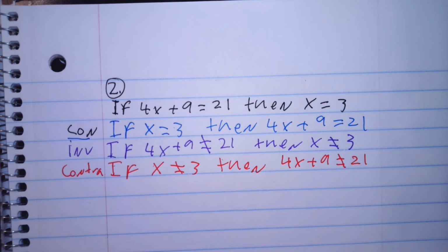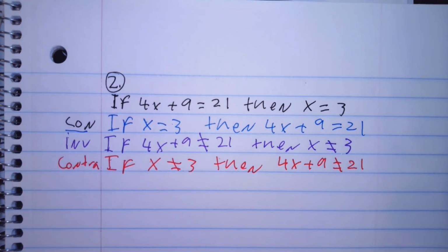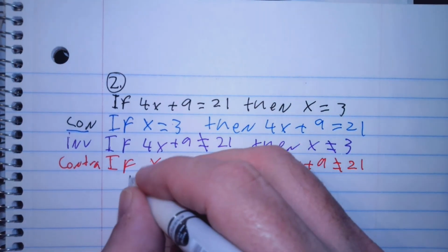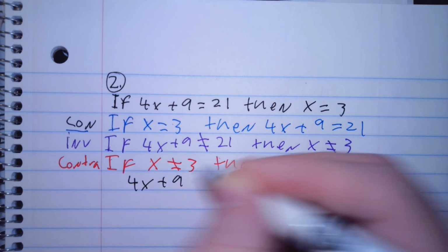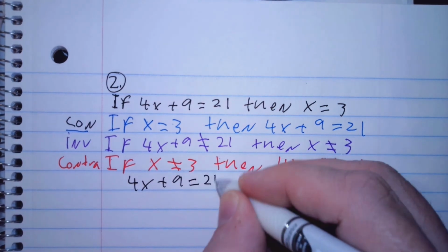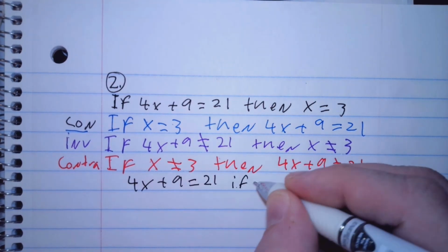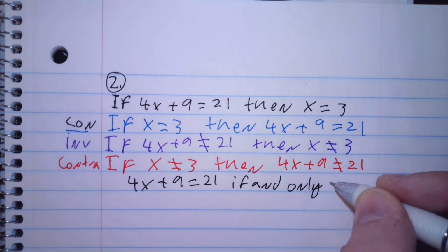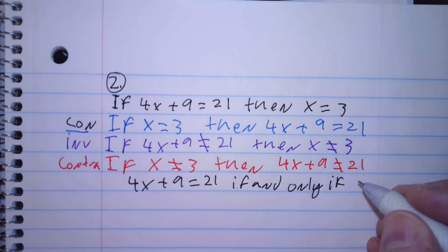And biconditional statement, it's not a big emphasis, but we can do that. Basically, this is how it works: 4x plus 9 equals 21 if and only if x equals 3.